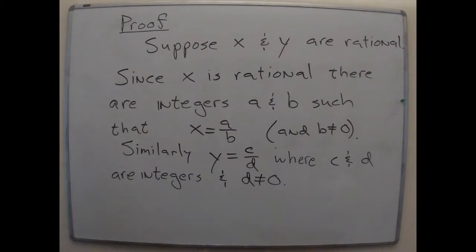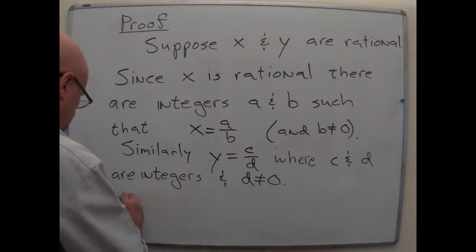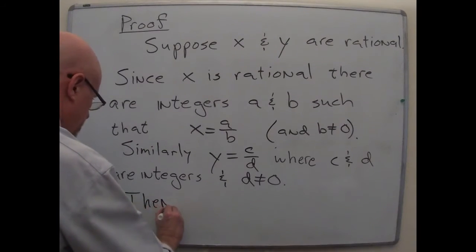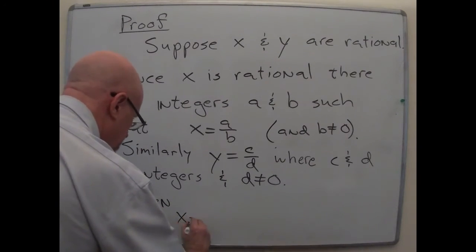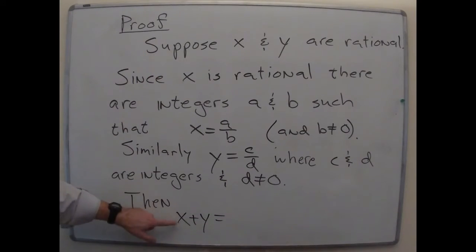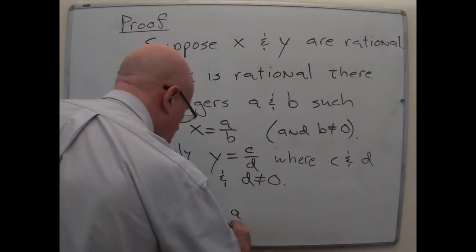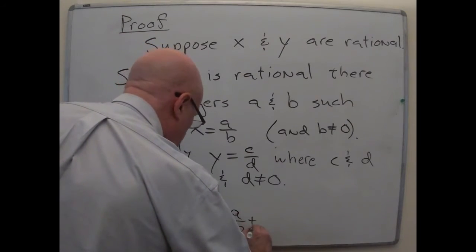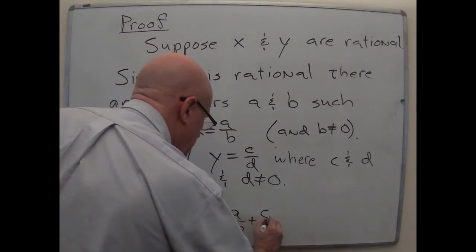How do you add up two fractions? Because I'm going to use substitution and say x can be replaced with a over b, and y can be replaced with c over d.